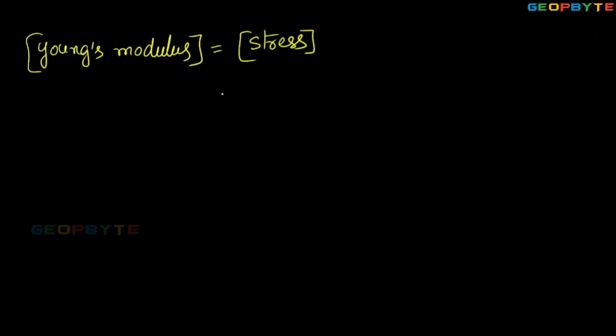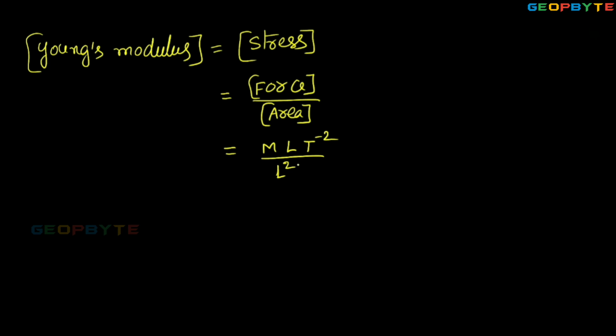Stress equal to what? Force per unit area. Right? It is equal to force dimensional formula divided by area dimensional formula. Force M L T power minus 2 divided by L power 2. Simplified for getting M power 1, L power minus 1, T power minus 2.